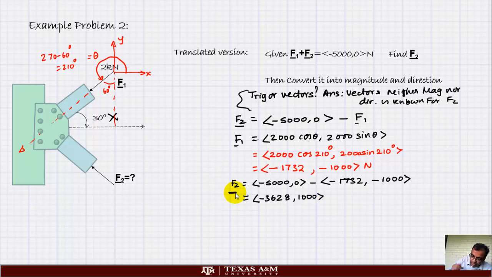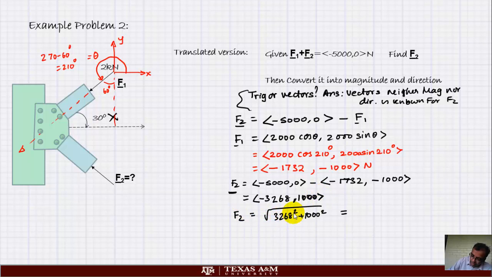So please remember, make sure you get the notation right. F2 is a vector. So now I'm going to write F2 scalar equals square root of 3268 squared plus 1000 squared. I should have been careful. Let me get the numbers right. So it is minus 3268 comma 1000.